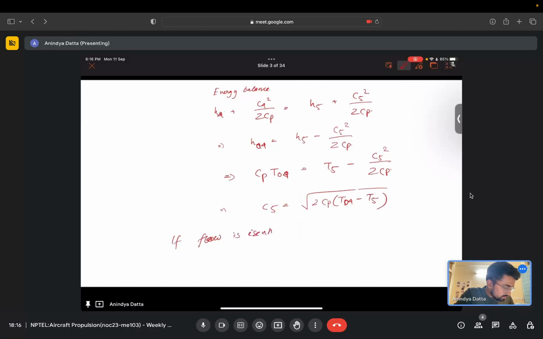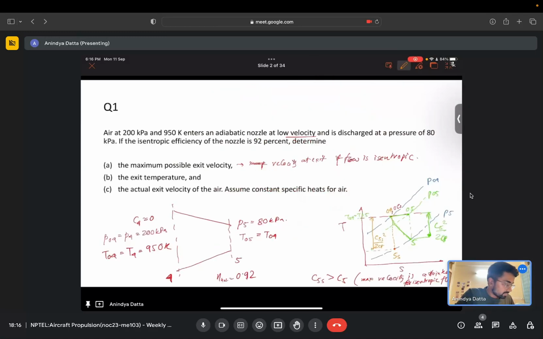Now if the flow is isentropic, that is the condition when we will attain the maximum exit velocity. So T5 is equal to T5s. If you refer to the previous TS diagram, it will reach state 5s if the flow is isentropic.